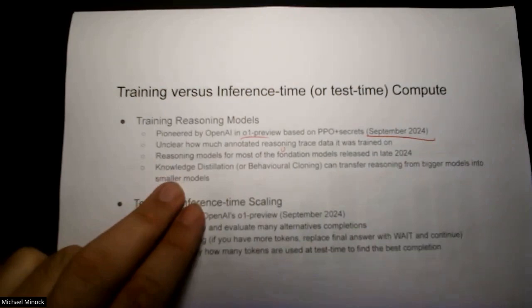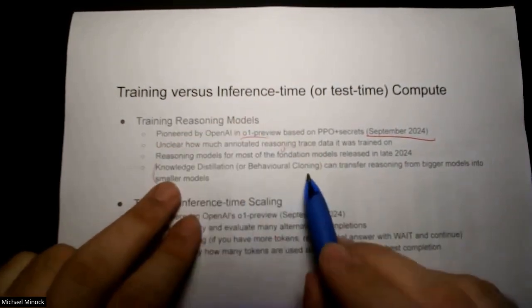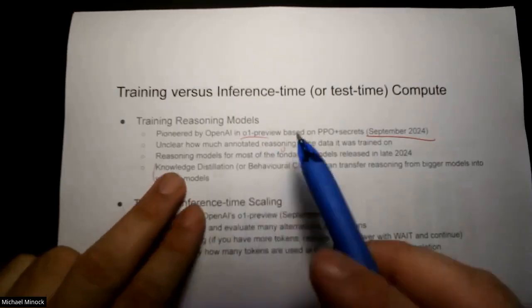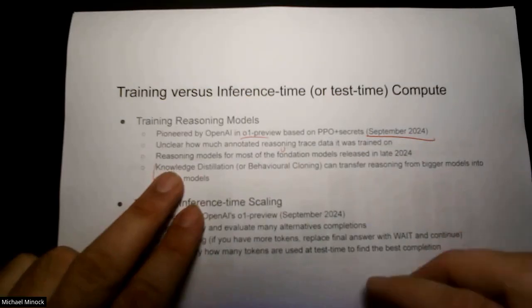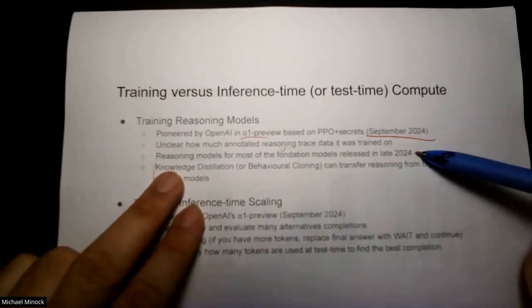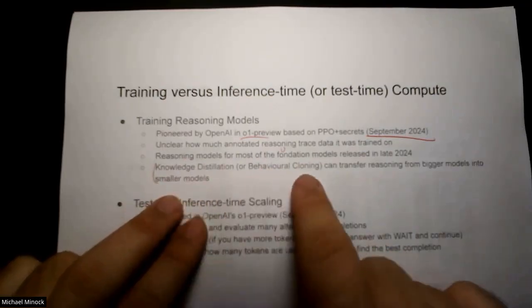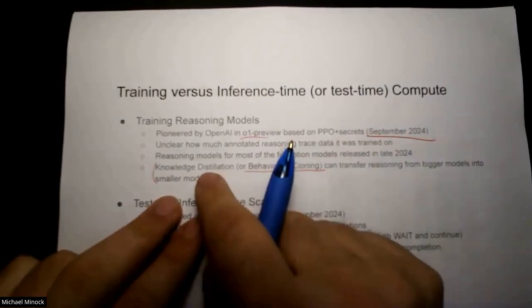Okay, so another thing to say, but maybe I'll bring this up later, is this issue of knowledge distillation or behavioral cloning. When you train up one of these big reasoning models, sometimes you have a smaller model and you want to impart its reasoning patterns to that smaller model. There's the whole process of knowledge distillation or behavior cloning. Behavioral cloning is the weaker form of knowledge distillation.